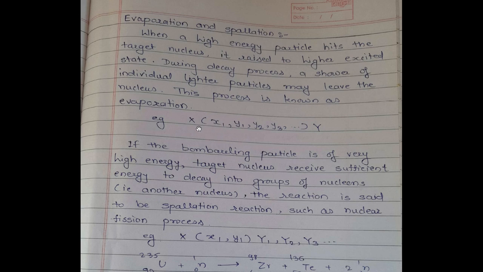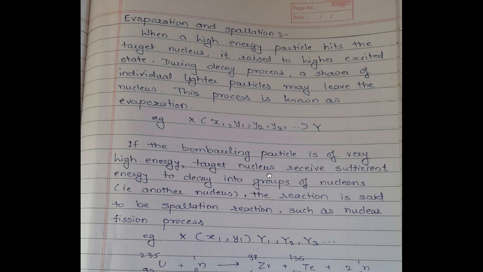Now this energy is sufficient to decay the x, that is the target nucleus, into groups of nucleons, unlike the evaporation process. In the evaporation process, individual nucleons are liberated. Individual lighter particles we get in the evaporation process.